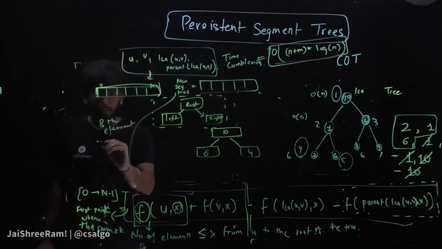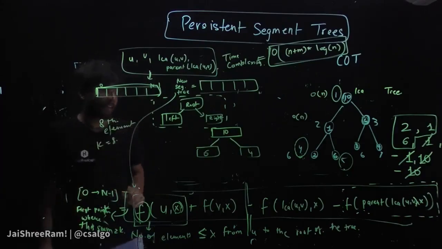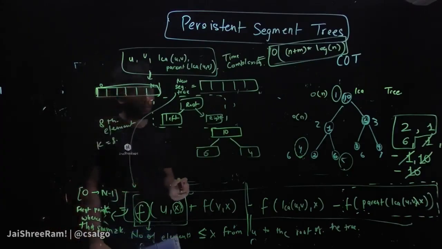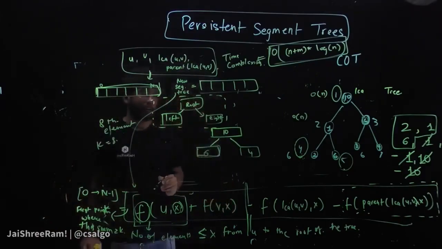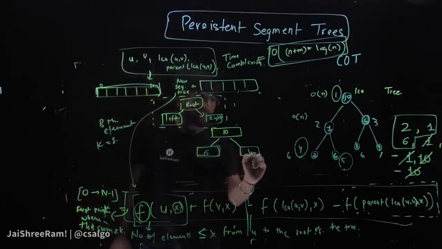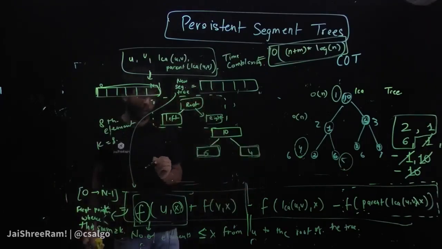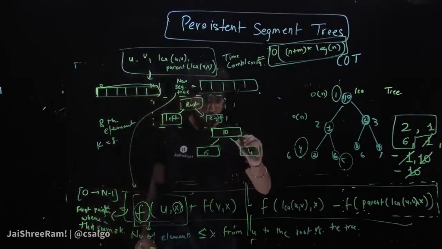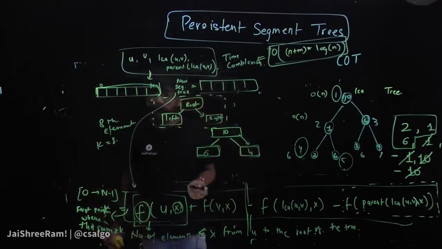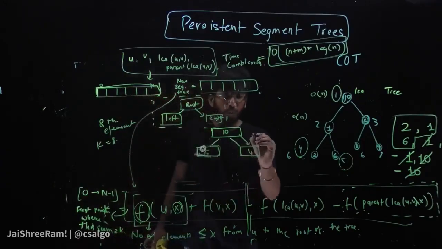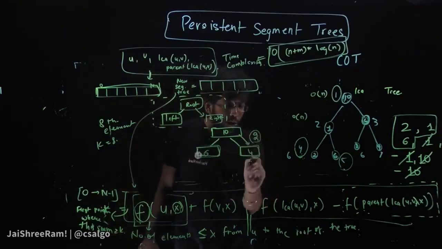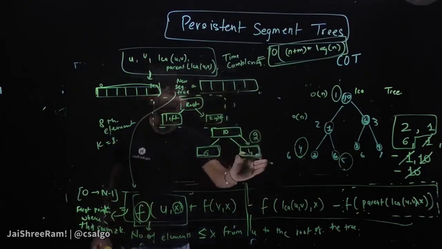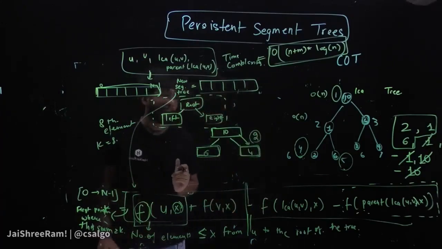So in my case, k is equal to 8. I'm pretty sure that the k cannot lie over here. The kth element would surely lie over here. So on this node, I'll subtract 6 from 8, which will give me 2. So I need to find out the second element in this remaining part of the segment tree.